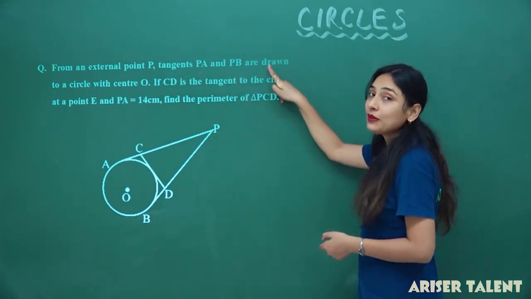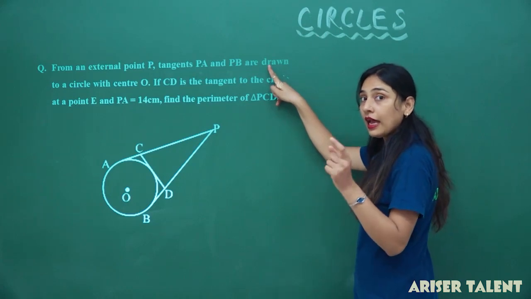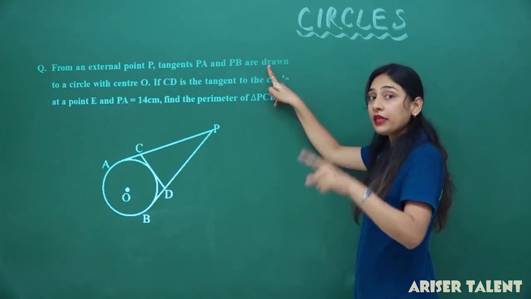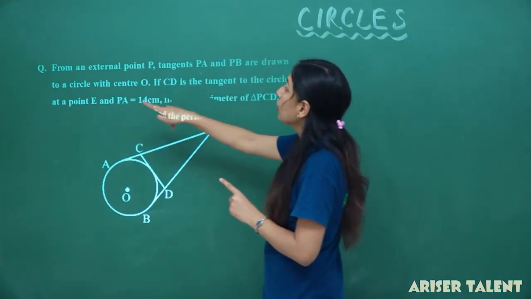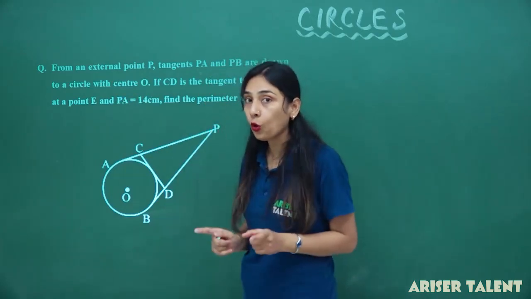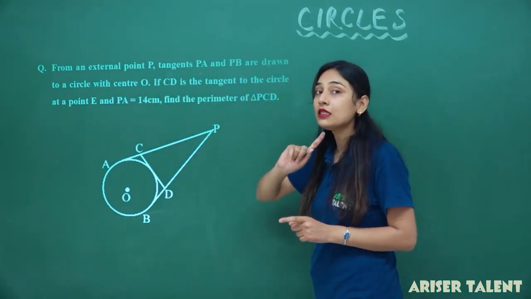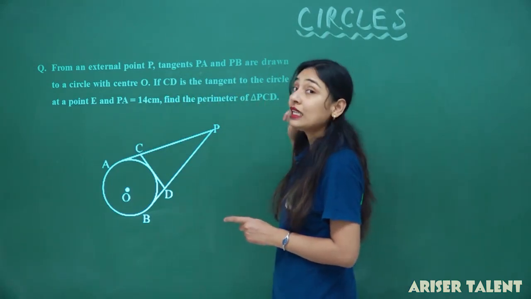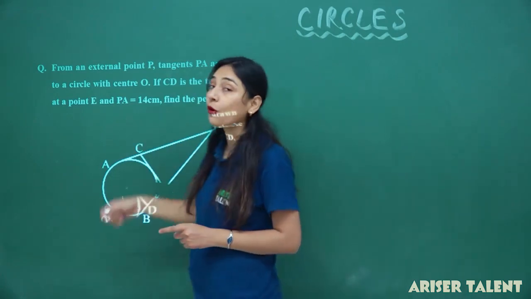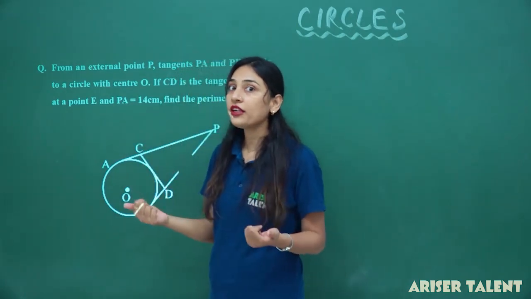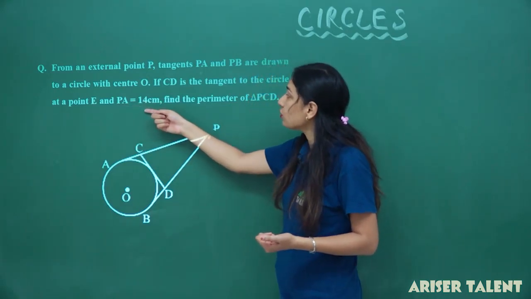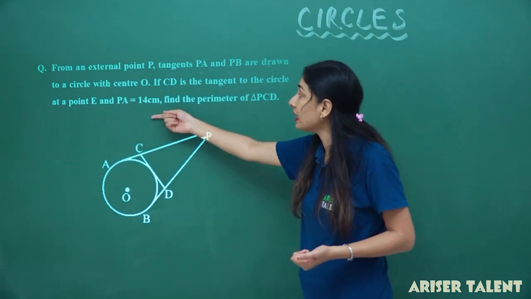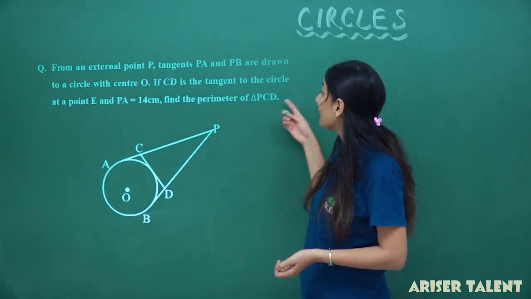Tangents PA and PB are drawn to a circle with center O. If CD is a tangent to the circle at a point E, and PA equals 14 centimeters, find the perimeter of triangle PCD.